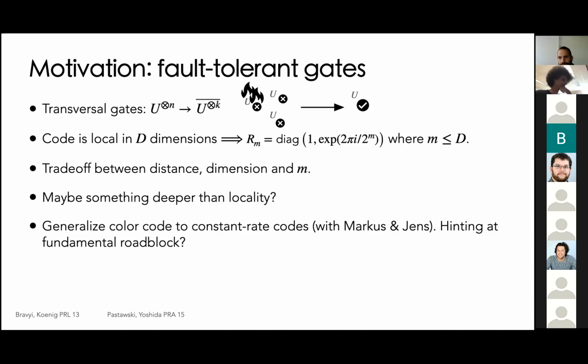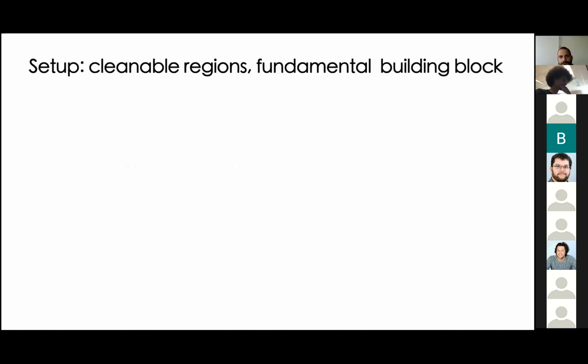Again, we fall short of answering this question precisely, but we have made some headway. Okay, so with that out of the way, let me present some intuition and some of the language that we're using to state our results.